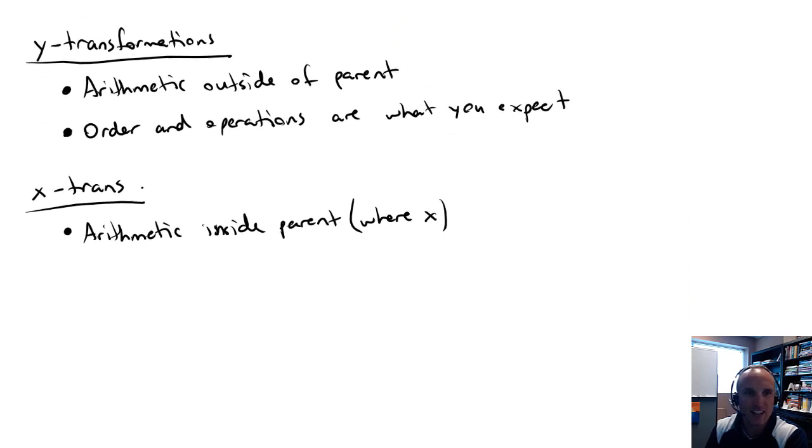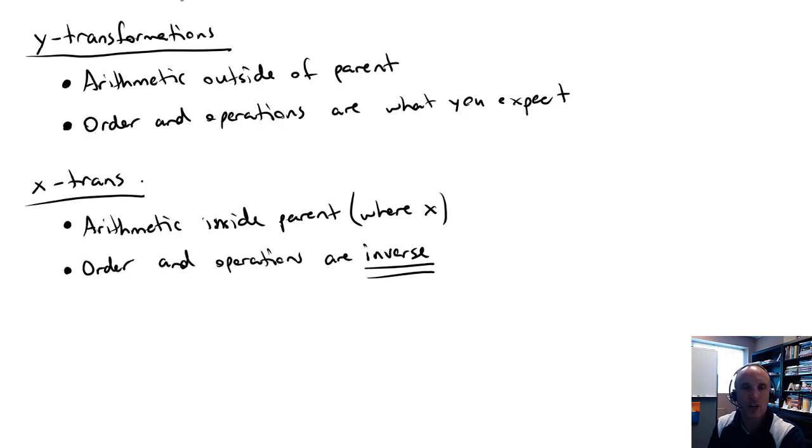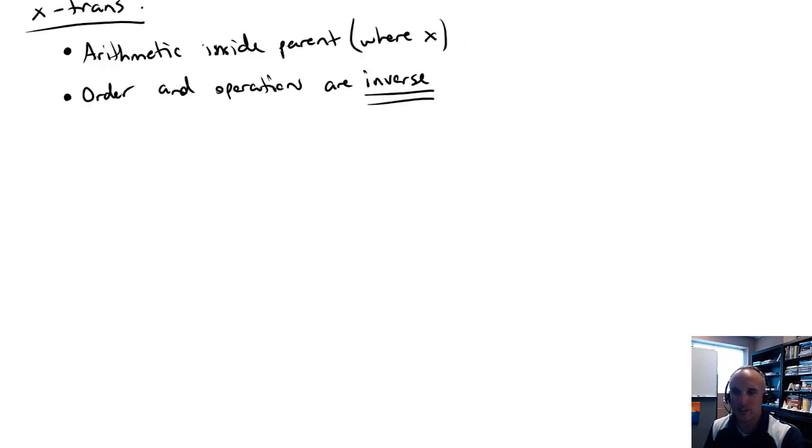So that's inside the function. The order, this is the tricky part, the order of the operations here are inverse of what you expect. Okay, so let's jump in and see how we can apply all of this to graph transformed exponential functions.